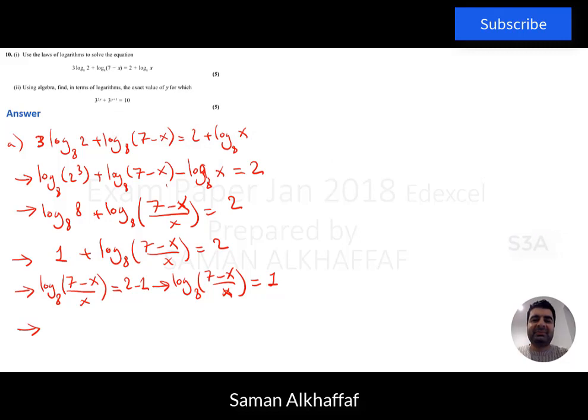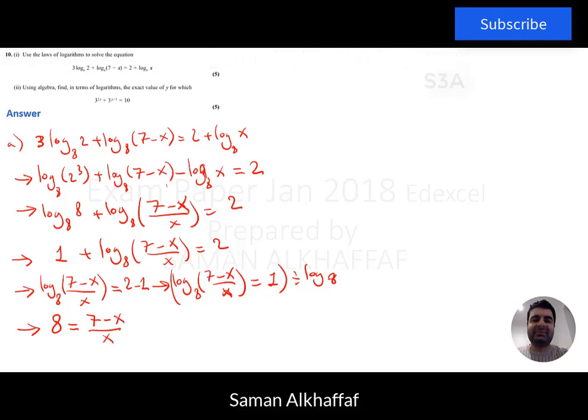Because we know 1 can be changed to 8 to the power 1, that will give us 8 equals (7 minus x) over x, because we took the base 8 log of both sides, so we eliminated the logs from both sides. So we would have 8 equals (7 minus x) over x.